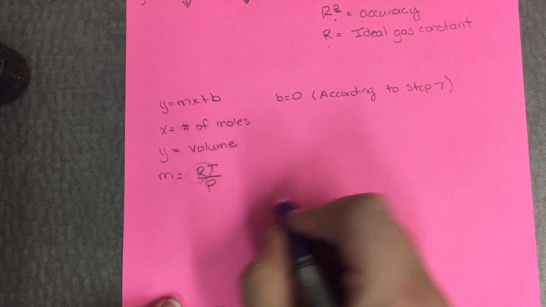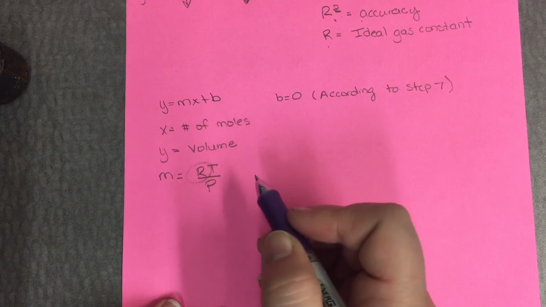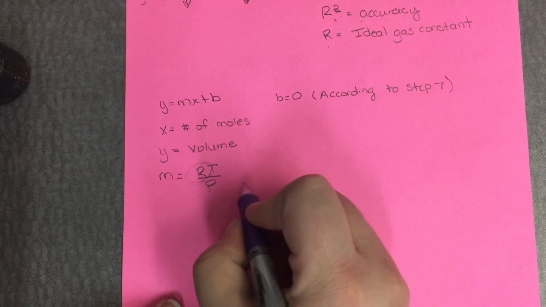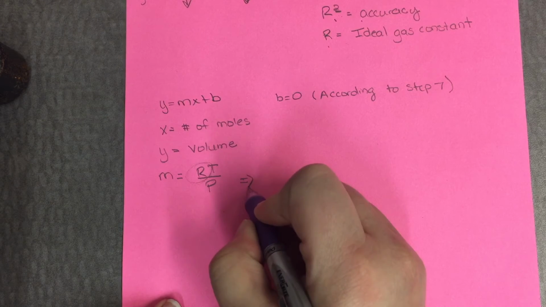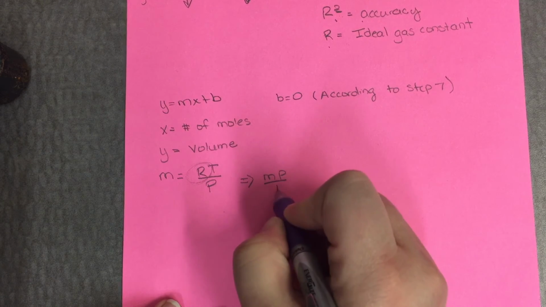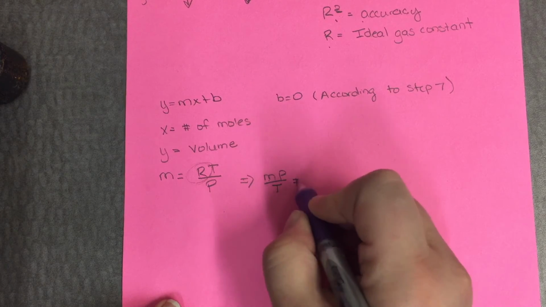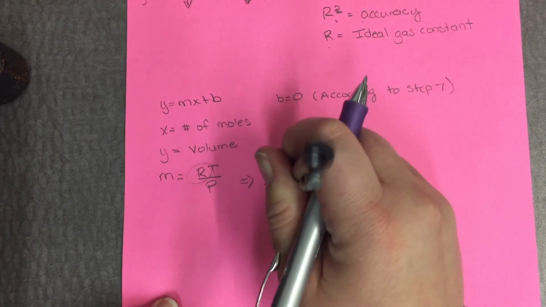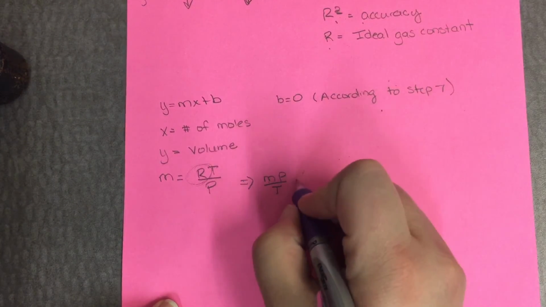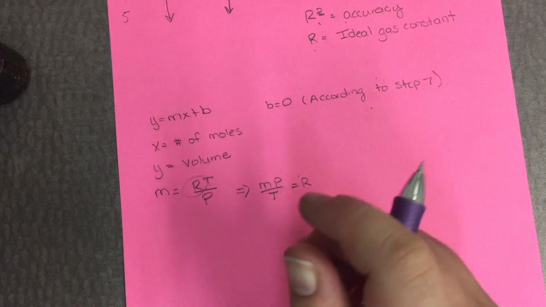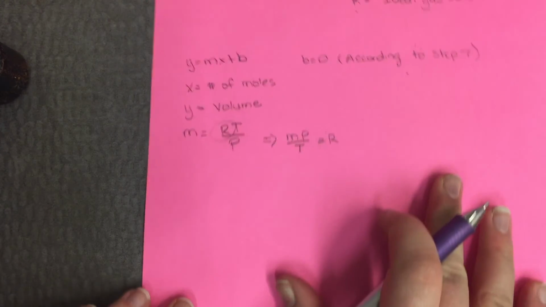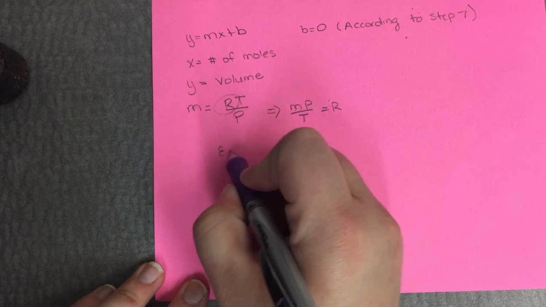So if this is what M equals, we need to isolate R, and when you rearrange your equation, M times P over T is going to equal, excuse me, R. Okay, so I'm going to give you a really quick example problem.